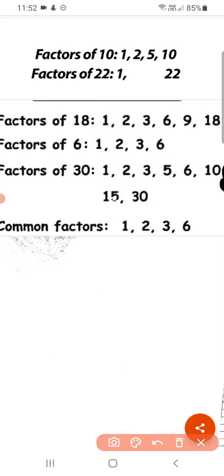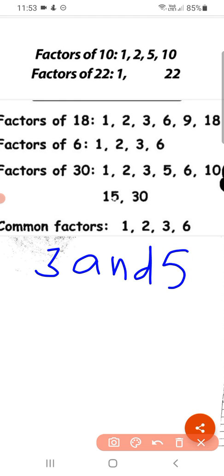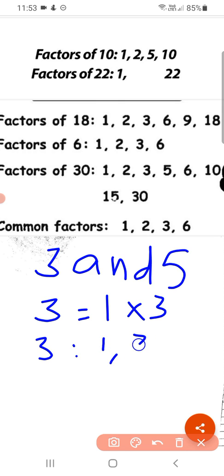Now children, we are going to find the common factors of 3 and 5. 3 is equal to 1 into 3. So the factors of 3 are 1 and 3. Then 5 is equal to 1 into 5.